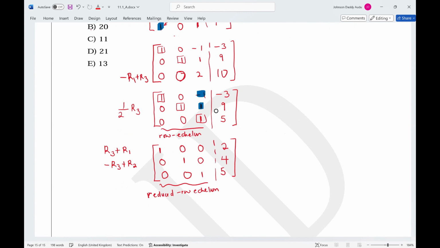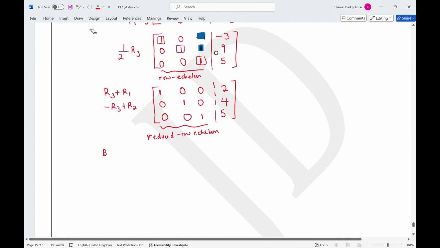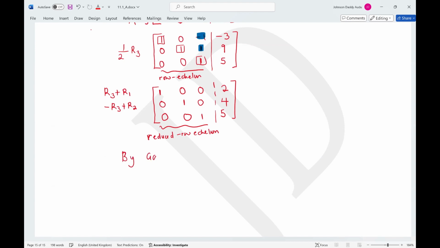So it means by Gauss-Jordan, we just get our values directly. It means that x is equal to 2, y is equal to 4, and z is equal to 5.